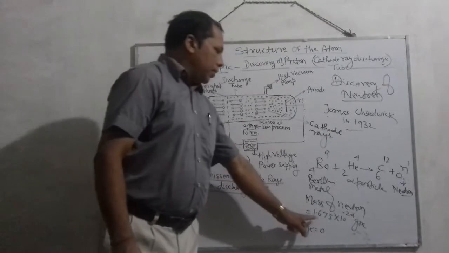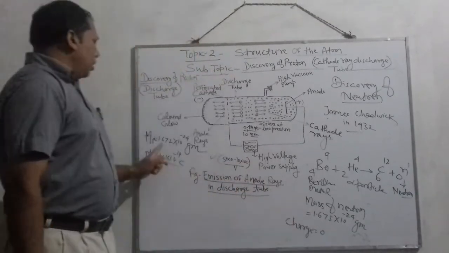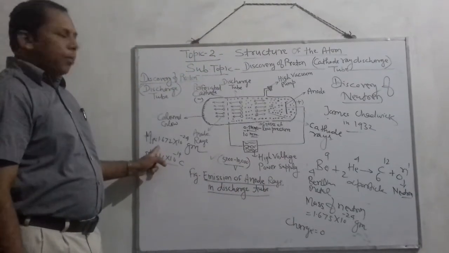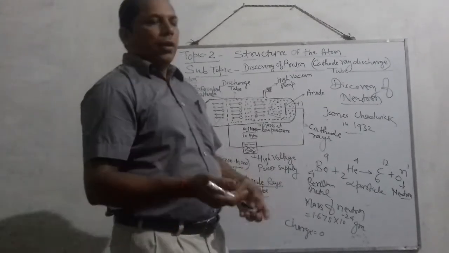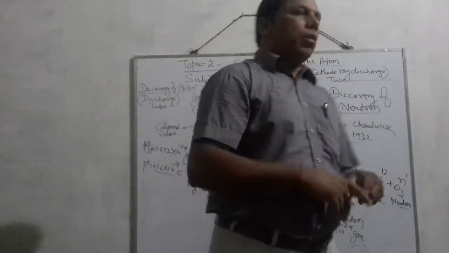So the mass of the neutron is nearly, or approximately, equal to the mass of the proton, with a slight difference.